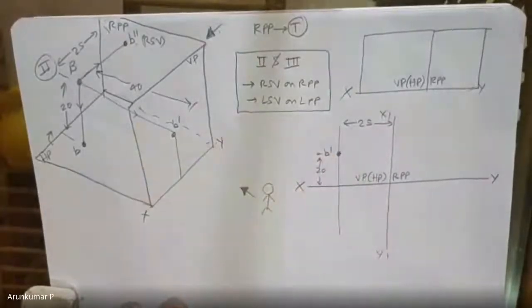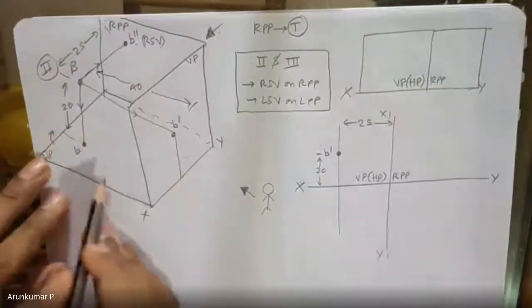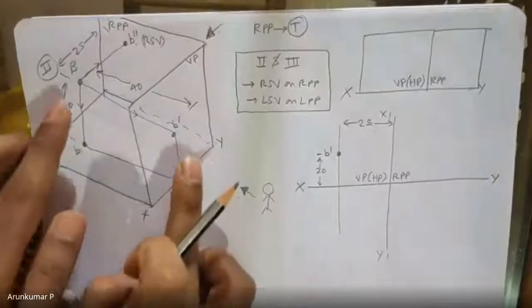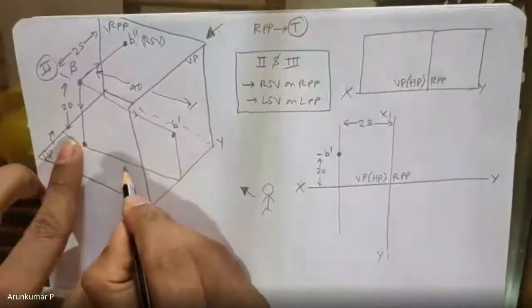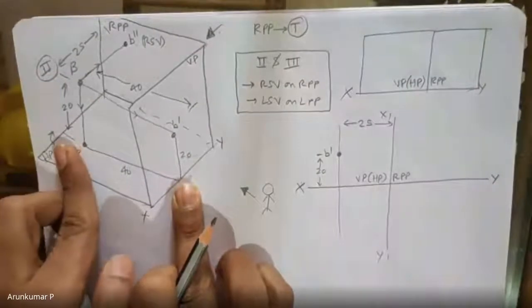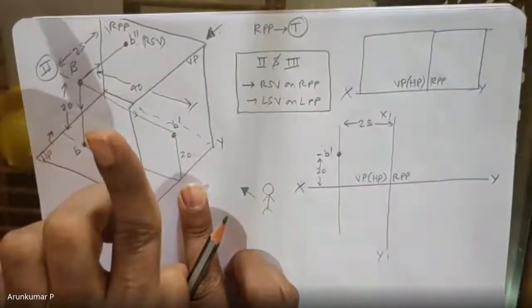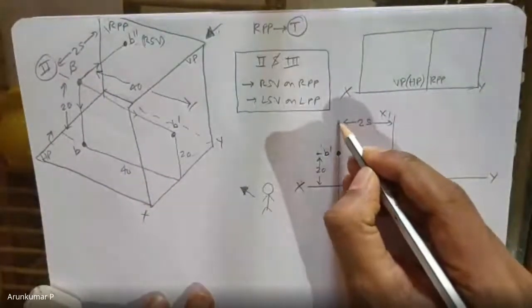Next. At what distance will I get B, the top view, from XY line? 40 mm. So what will happen to this 40 mm line? This is 20, this is 40. This horizontal line, when HP rotates, it will become vertical. So you may get 40 mm somewhere here.